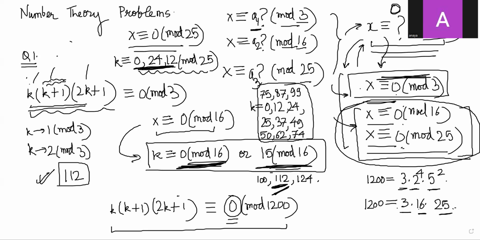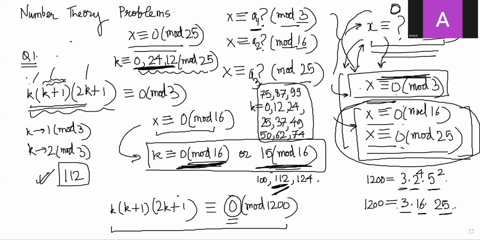Do you understand what I'm saying? Yeah, I understood. The point is that we are doing Chinese remainder theorem, but the opposite. We know that it is 0 mod 1200. From there, we are trying to figure out how we can get it as 0 mod 16, 0 mod 3, and 0 mod 25.